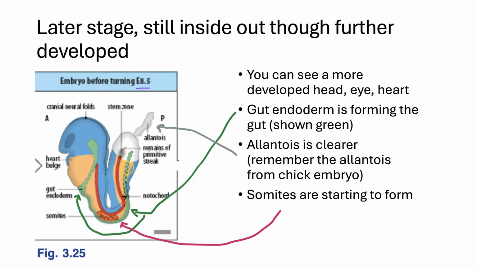So you can see the hindgut here and the foregut, and they're somewhat continuous, but they haven't opened at the mouth or the posterior yet. And here's where the little heart is going to form, a little bulge of mesoderm there. So basically this is that embryo before turning.